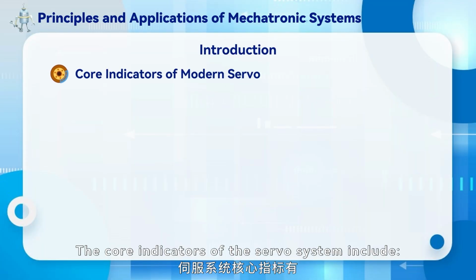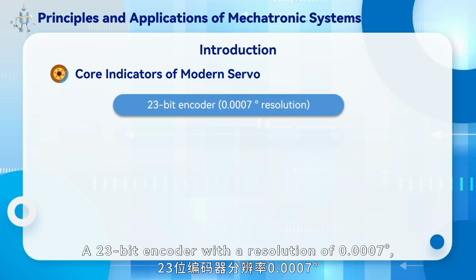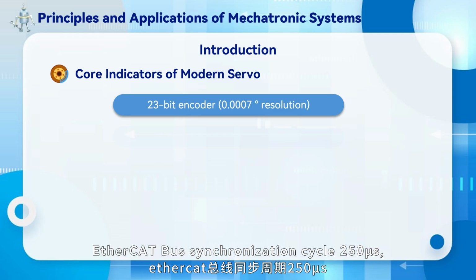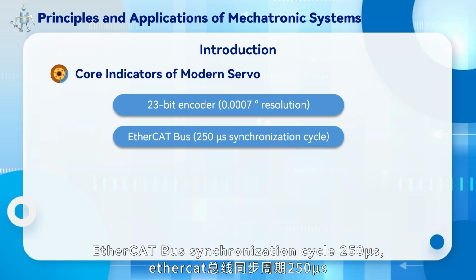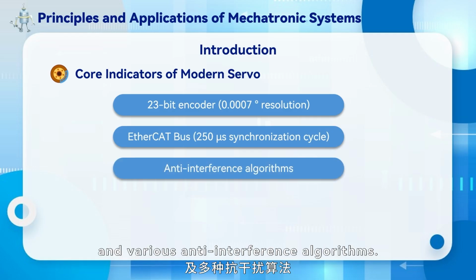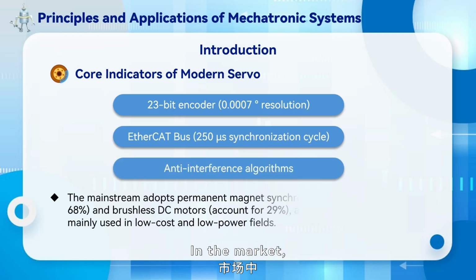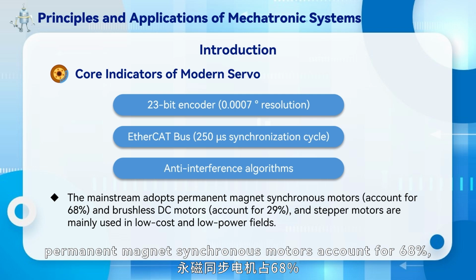The core indicators of the servo system include a 23-bit encoder with a resolution of 0.0007 degrees, EtherCAT bus synchronization cycle of 250 microseconds, and various anti-interference algorithms. In the market, permanent magnet synchronous motors account for 68%.